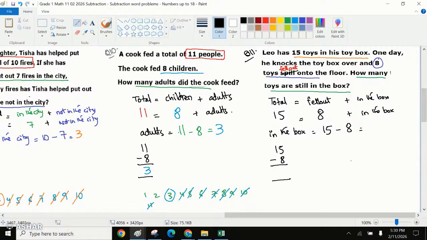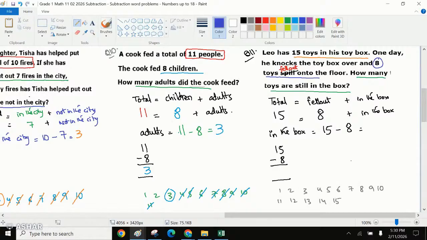how can we find 15 minus 8? We can simply try to write down the numbers. 1, 2, 3, 4, 5, 6, 7, 8, 9, 10, 11, 12, 13, 14, and 15, right? Once we have the numbers, we remove the numbers.